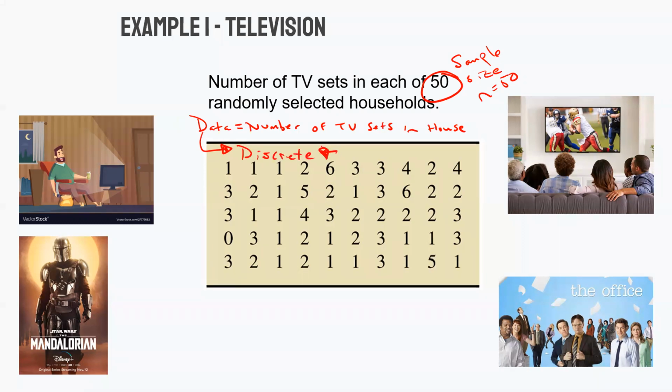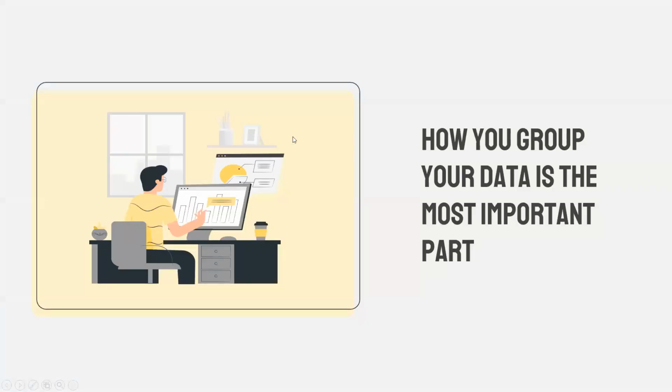All right, so what I want to do is talk about how you take this raw set of data of 50 data values and summarize it into that frequency table. When you have quantitative variables, how you group your data is the most important part. There's a slight difference between how you do this for discrete and for continuous.